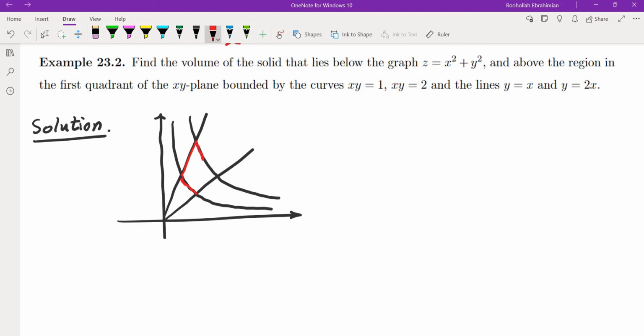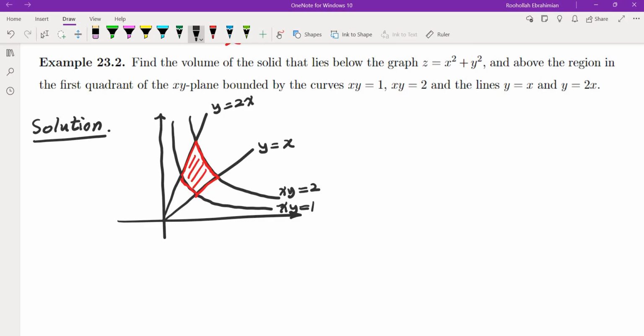Clearly, this region is not a vertically simple or horizontally simple region. It's pretty complicated. You can divide it into multiple regions that are vertically simple and horizontally simple and evaluate it that way. But we could also use change of variables. So let's first write down the equations here. So this is y equals x, this is y equals 2x, this one is xy equals 2, and this one is xy equals 1.